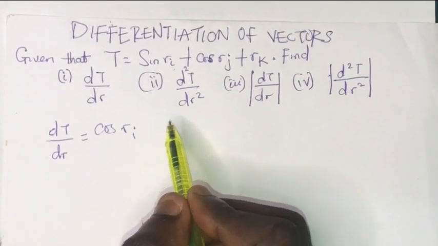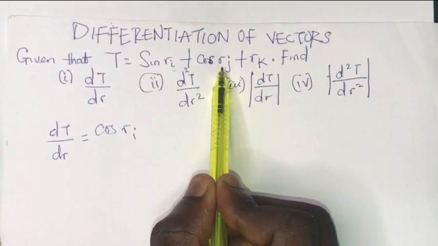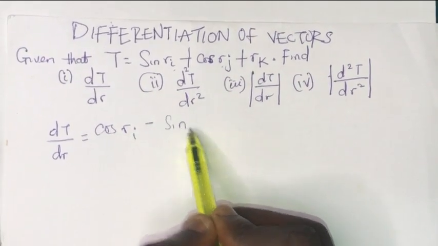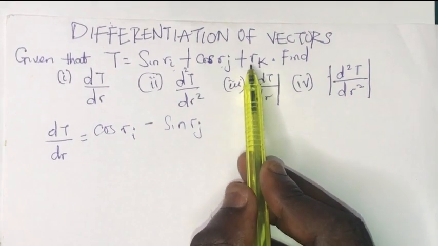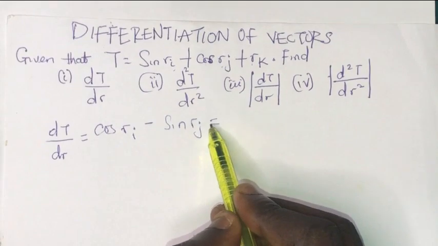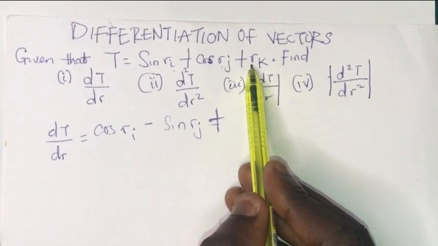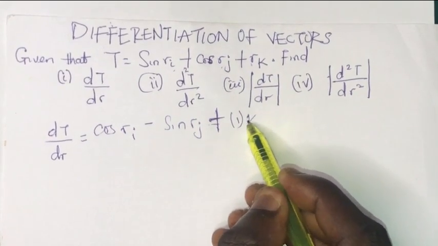Do you see that now? If you differentiate cos t, what are you going to have? You are going to have minus sin t, then your j will follow. Now if you differentiate t, what are you going to have? Plus 1, because if you differentiate t, you will have 1, then multiply with your k.